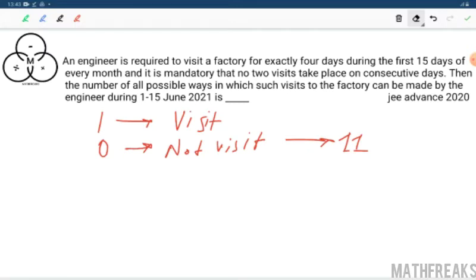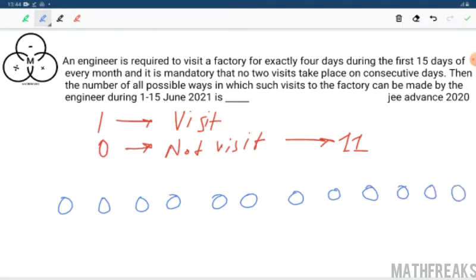Let us place the 11 zeros. In between the 11 zeros, these are the empty spaces. We are having 12 spaces.